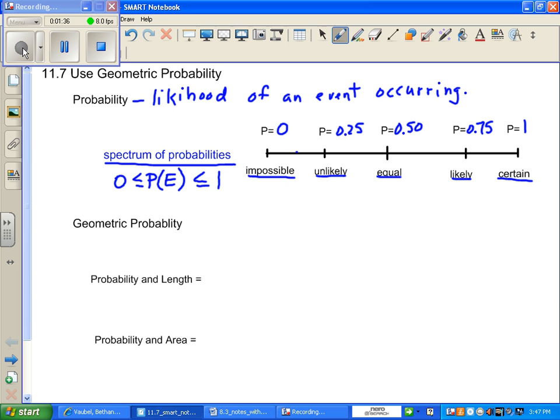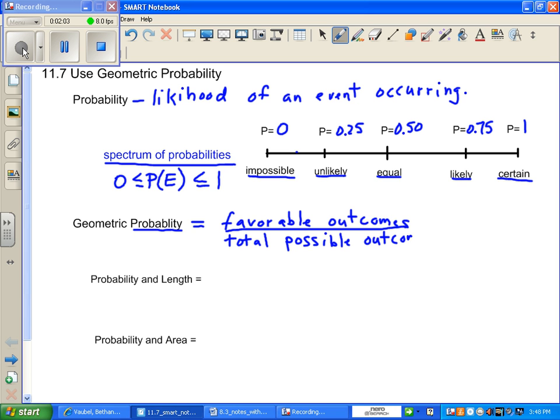Okay, a geometric probability, actually the definition of any probability, is going to be the favorable outcomes divided by the total possible outcomes. So the probability in length would be favorable length over total possible length.